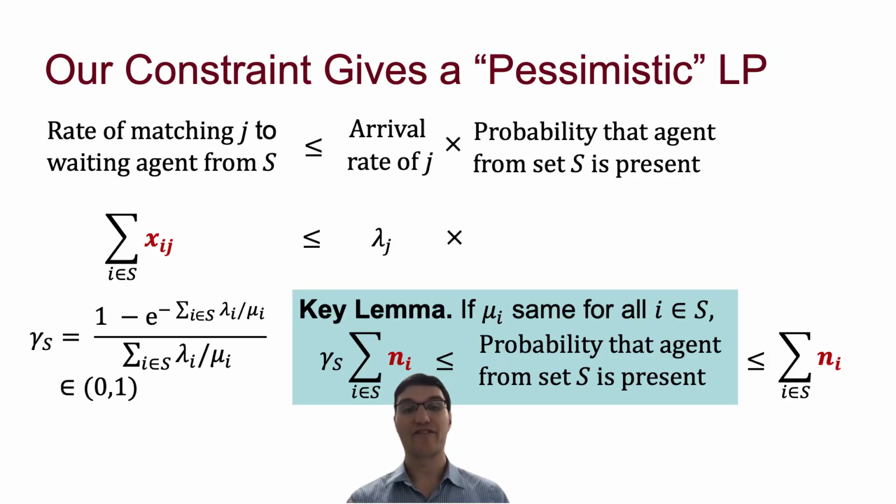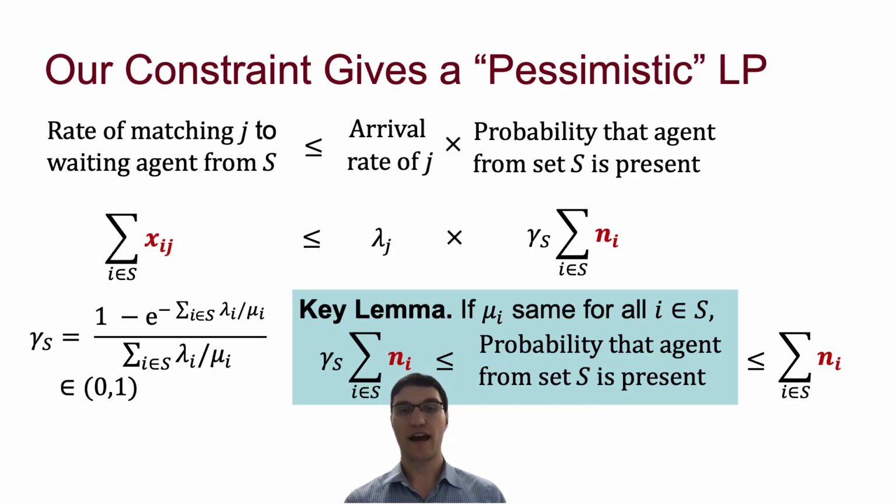So once we have this lower bound, the natural thing to do is to plug that lower bound back in to this inequality that we have above. And that's actually going to give us the constraint that we use in our linear program.